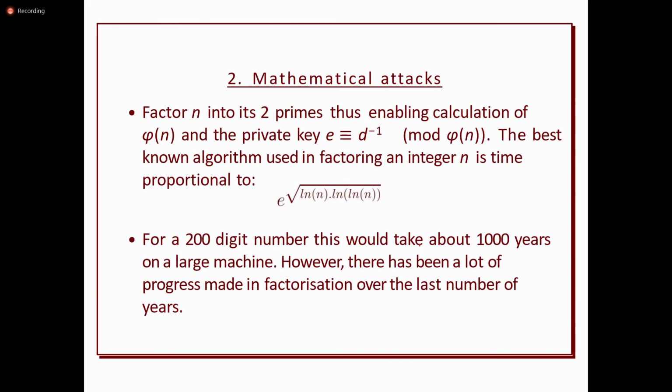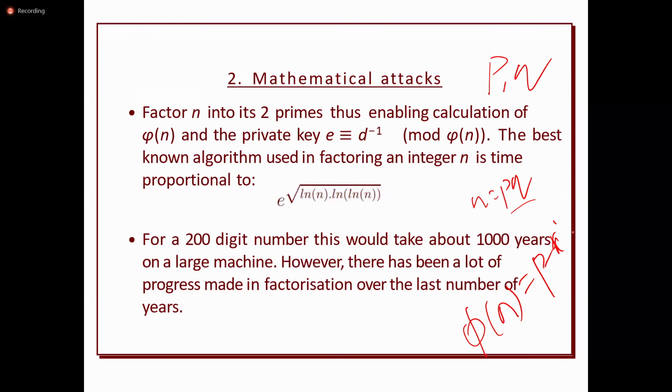Coming to the mathematical attacks. How will the mathematical attacks happen? Once the receiver takes the prime numbers, the receiver has to calculate the product of the prime numbers, and then apply the Euler totient function on the prime numbers, that is (p minus 1) into (q minus 1).